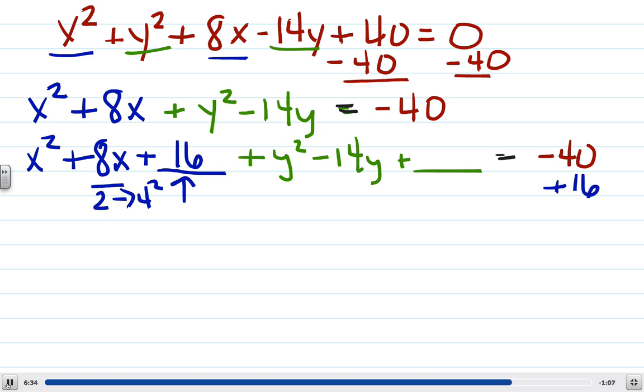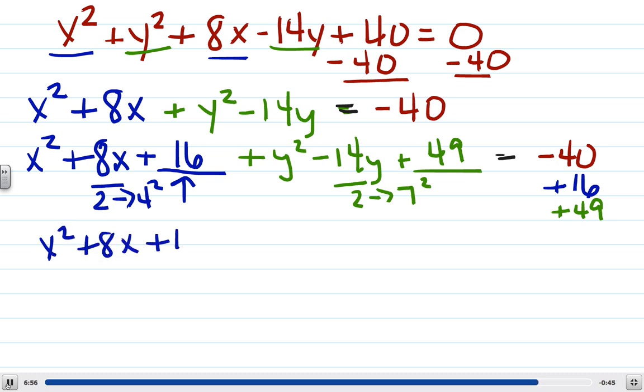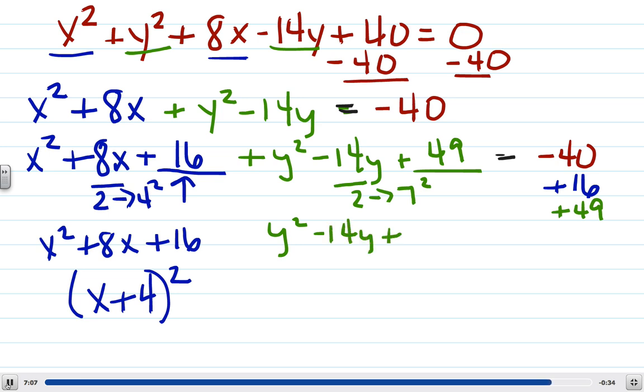Now let's work on our y's. Since this is doubled, I divide by 2. That gives me 7, and 7 squared gives me 49. I add 49 to the other side as well. And now I can simplify. x² + 8x + 16 factors into (x + 4)². y² - 14y + 49 factors into (y - 7)².